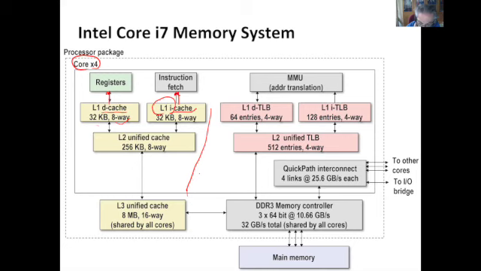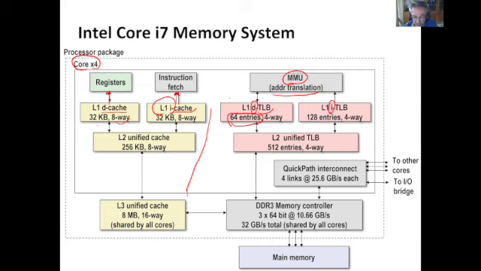And then with the memory management unit, which does the address translation, we have the TLBs. We have 2 TLBs, the data TLB and the instruction TLB. The data TLB contains 64 entries. What this means is it stores 64 VPN to PPN mappings from the page table.